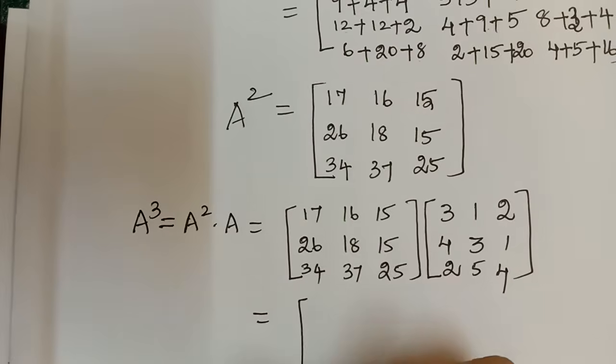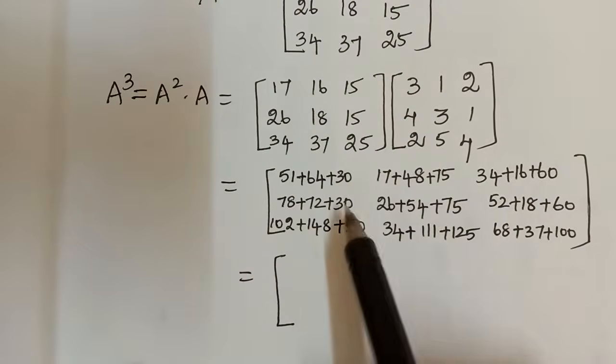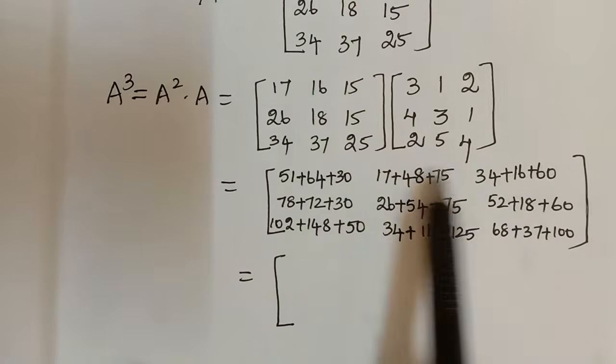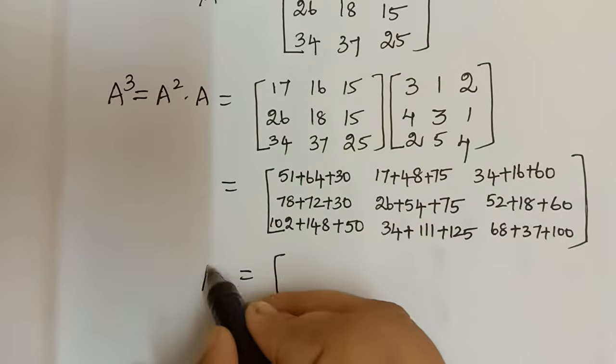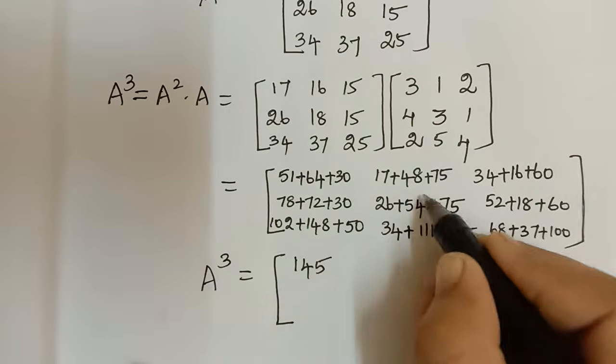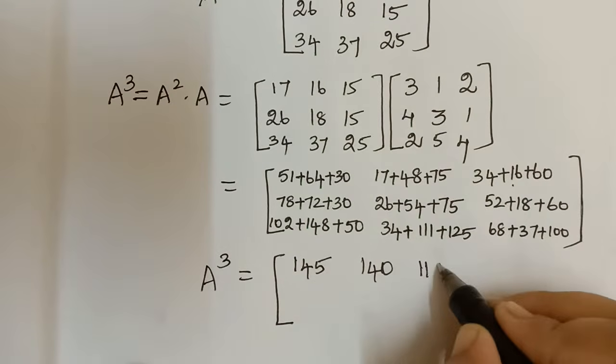So on multiplication, I have shown that multiplication here. It is same as the multiplication of two matrices. So after simplifying this, finally we get A cube to be equal to, this is 145, then 140, and this is 110.